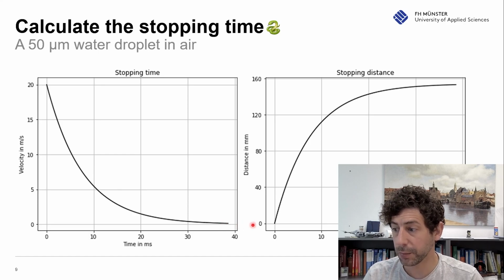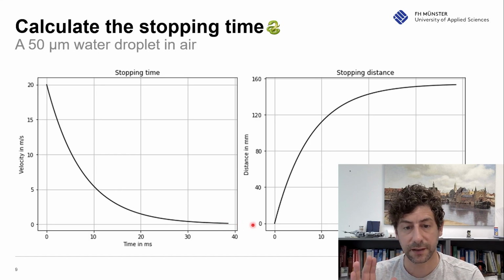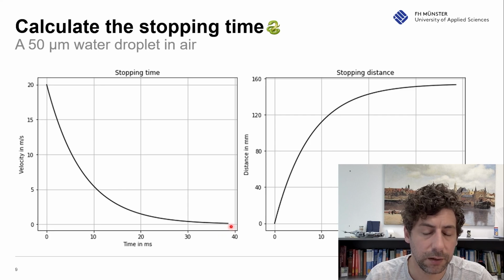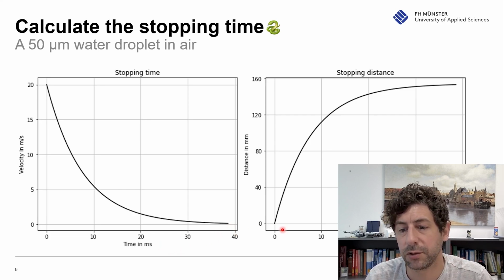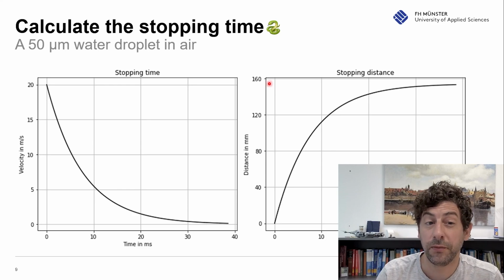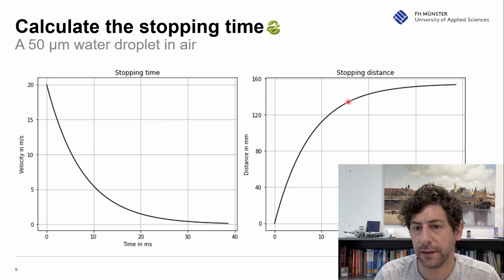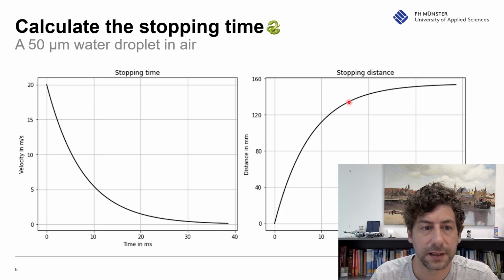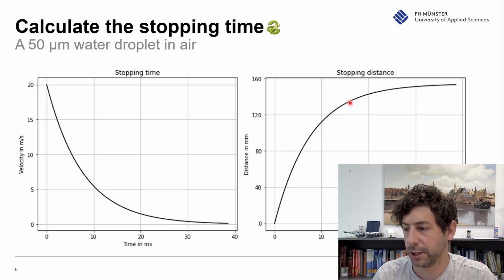Because of the small size, it has a high surface area, and this means it's extremely fast stopped. And in this 40 microseconds, it travels a distance of roughly 150 micrometers. So we are talking about very, very short times and distances. This is why very often we neglect this acceleration and deceleration and directly kick out the transient term.